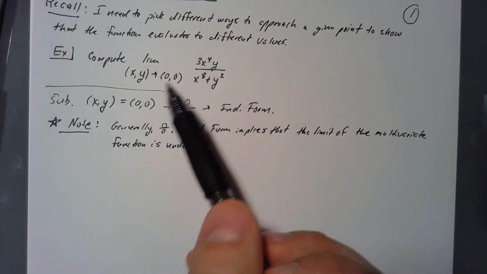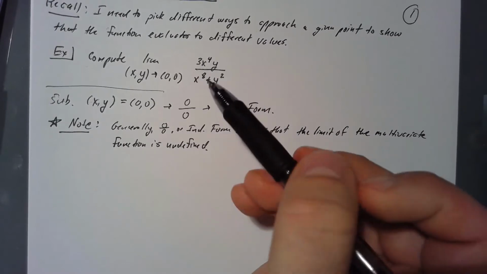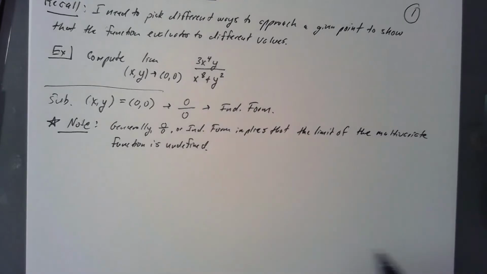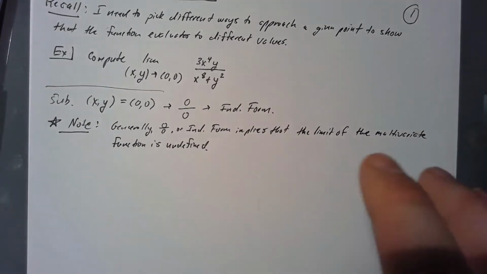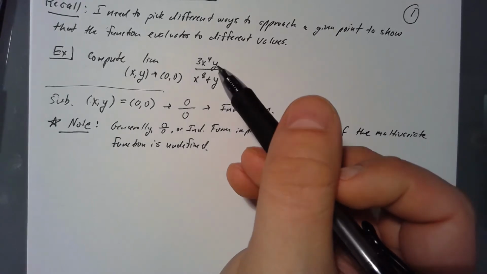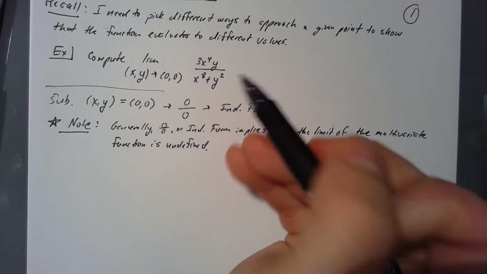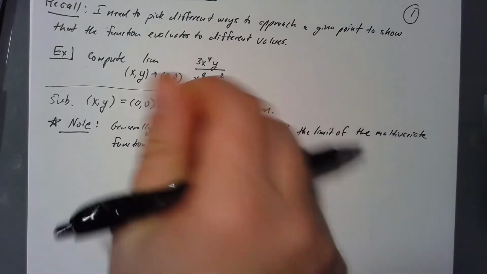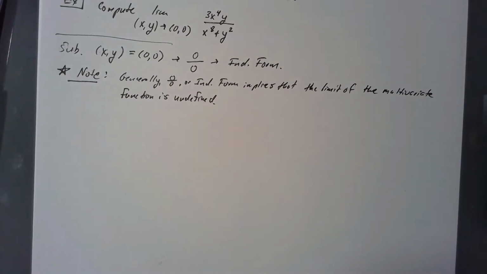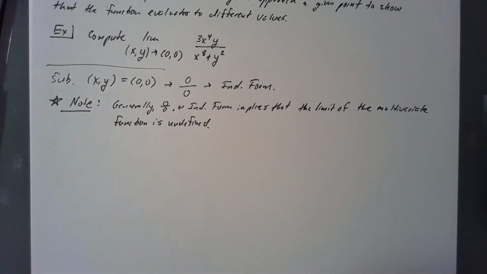Because this is in R3, I have to show that this function approaches this point from all different directions in space, right? And if I could show just 2 different values for that, then I've shown that the limit is undefined. I just need 2.